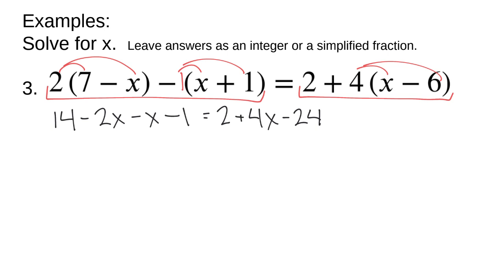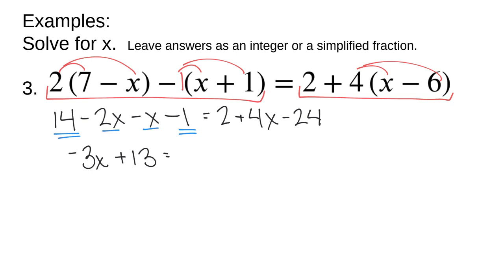I still have some more simplifying I can do. On the left, I've got some x's I could put together. Negative 2x minus x is negative 3x. I also have some regular constants that we could put together. 14 minus 1 is positive 13.